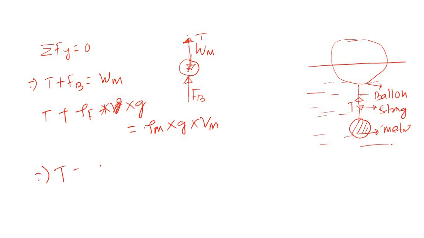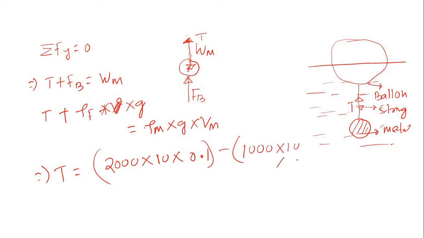So the tension equals density of the metal, given as 2000, times g, approximately 10, times the volume of the metal, given as 0.1 meter cube, minus the density of the fluid, water, which is 1000, times 10, times the submerged volume. Since it is completely submerged, this is equal to the volume of the metal only, 0.1.